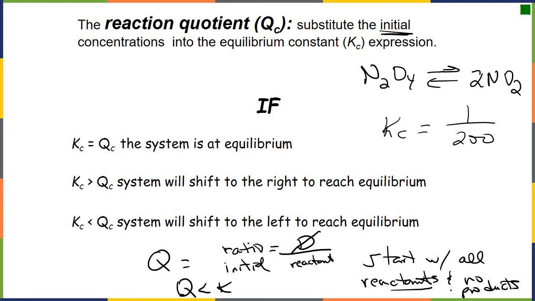So if we realize that our Q is smaller than it needs to be, it means we don't have enough products, and the reaction is going to shift to make products, which makes perfect sense, because if I haven't got any of this, my reaction is going to make some.